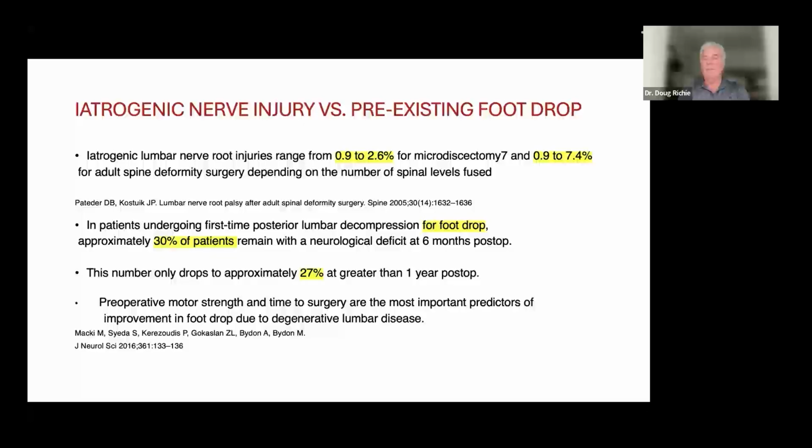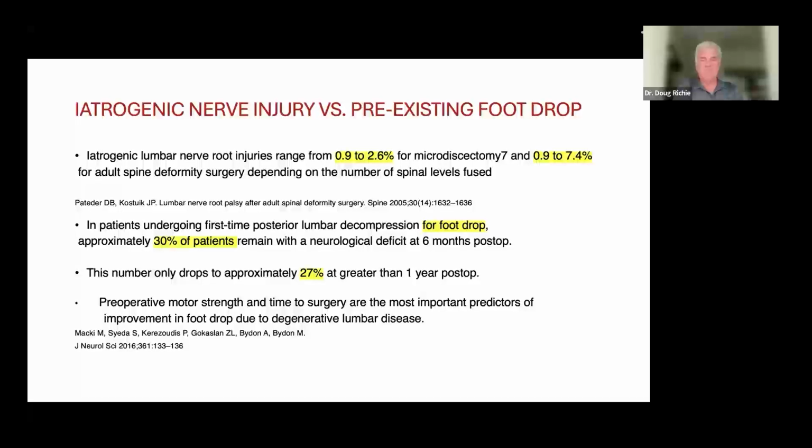But the patients who have foot drop after lumbar disc surgery are patients who already had a foot drop before the surgery. And if they've already developed foot drop, which often prompts them to have the surgery, about 30% of them are going to continue to have foot drop even after a successful lumbar spine decompression or other surgical procedure.